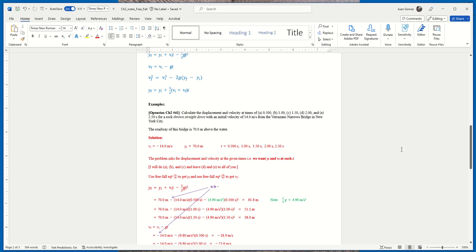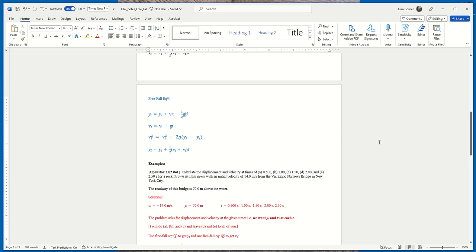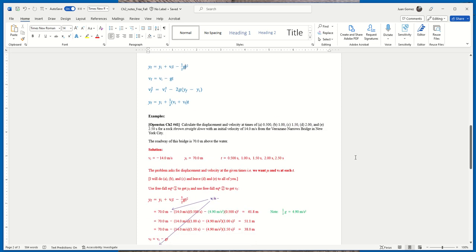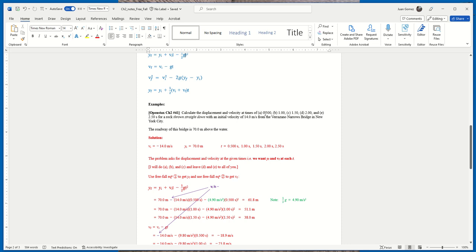All right, let's look at an example. This is out of the OpenStax text, chapter 2, number 41. I want to calculate the displacement and velocity, in other words YF and VF, at these half-second intervals, starting at times of 0.5 seconds, 1, 1.5, 2, 2.5.